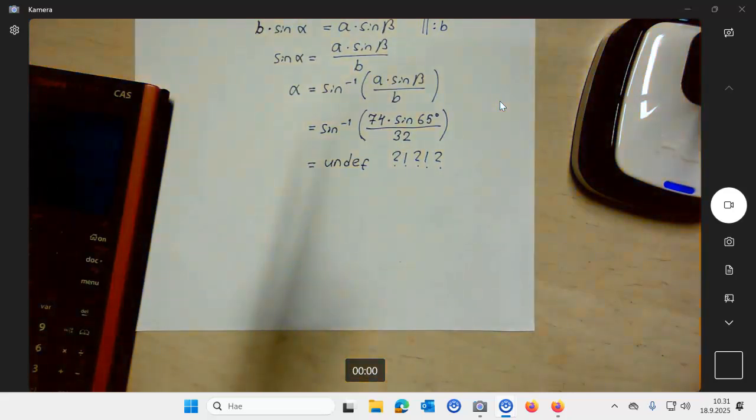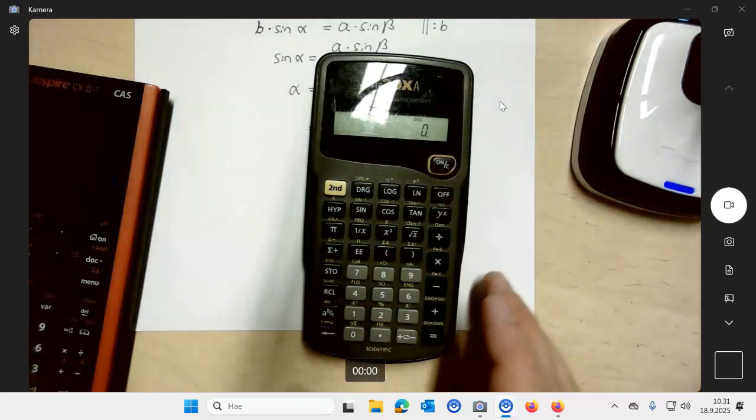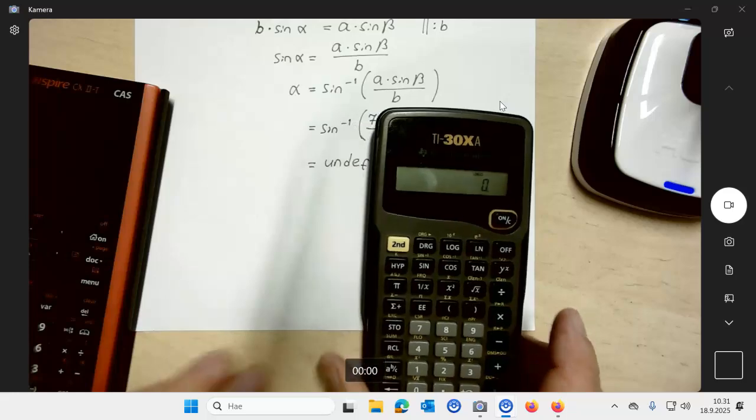I will try to calculate it with a more traditional calculator.